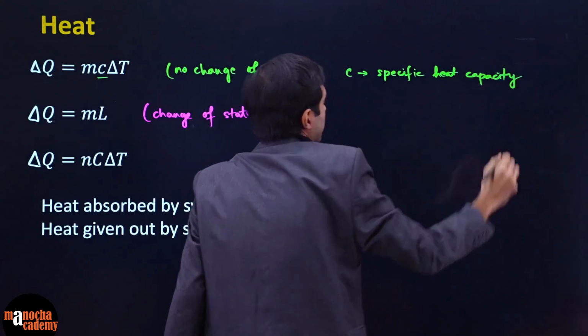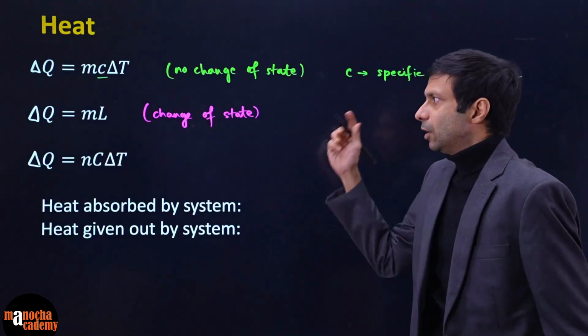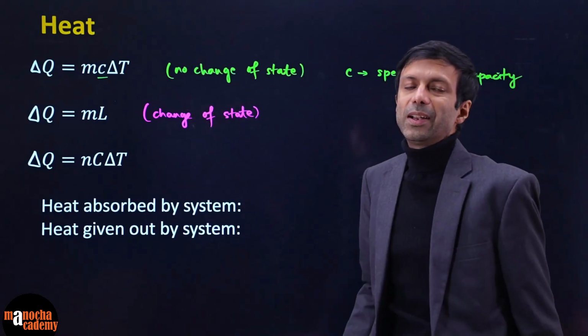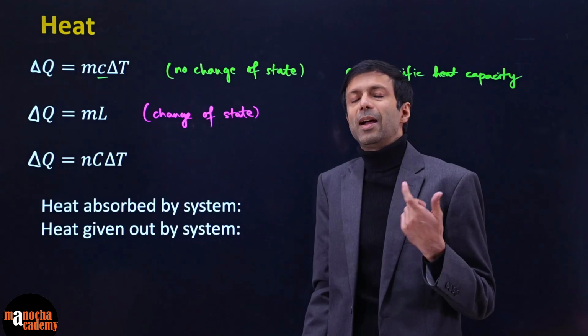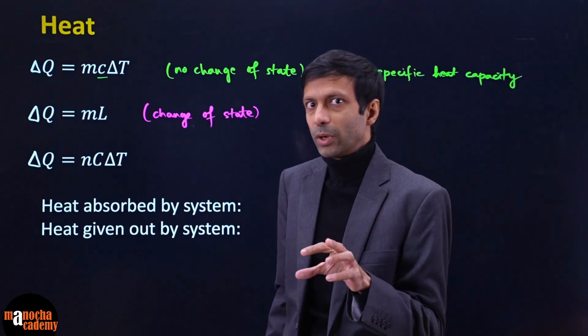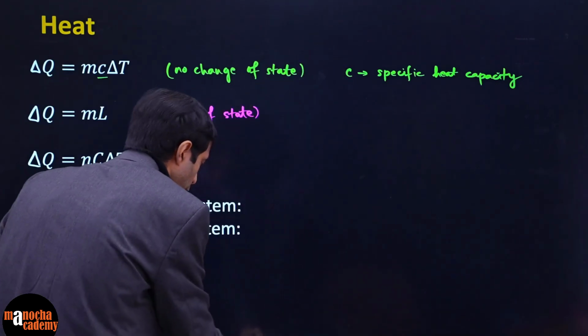What is this capital C? Normally for a gas, it is more convenient rather than using 1 gram or 1 kg, we use the unit as 1 mole. So the small n over here is the number of moles. Note this down, very important.